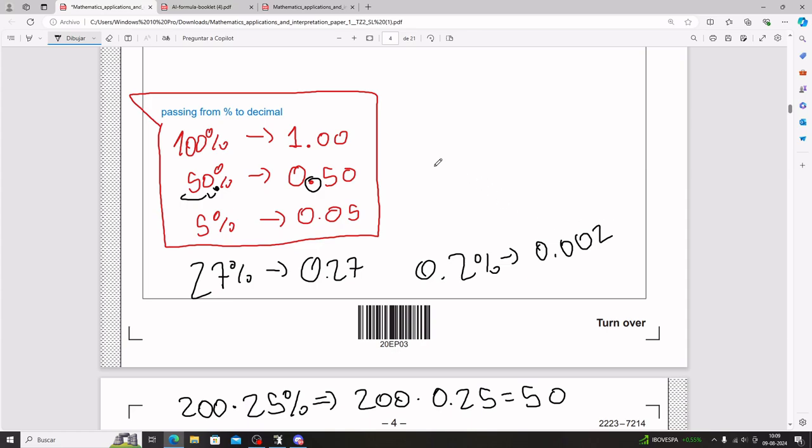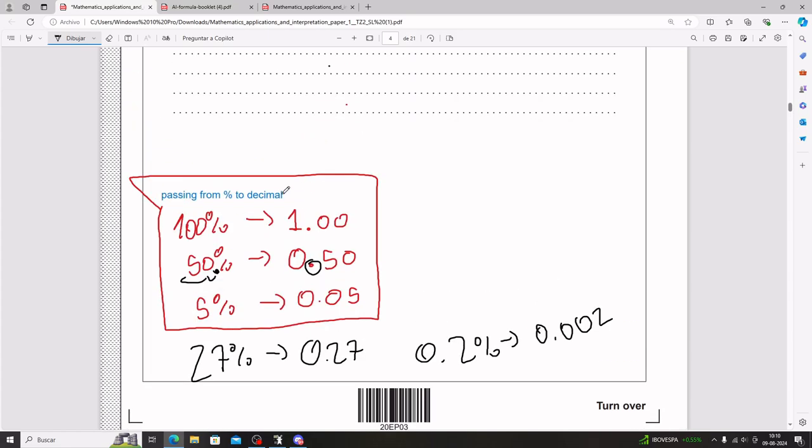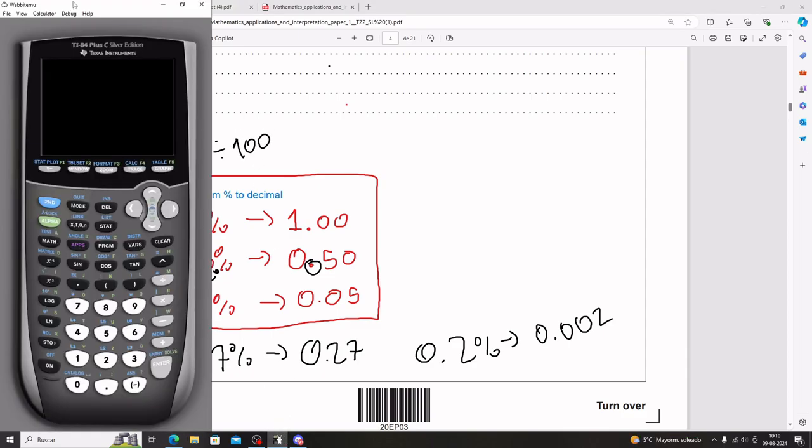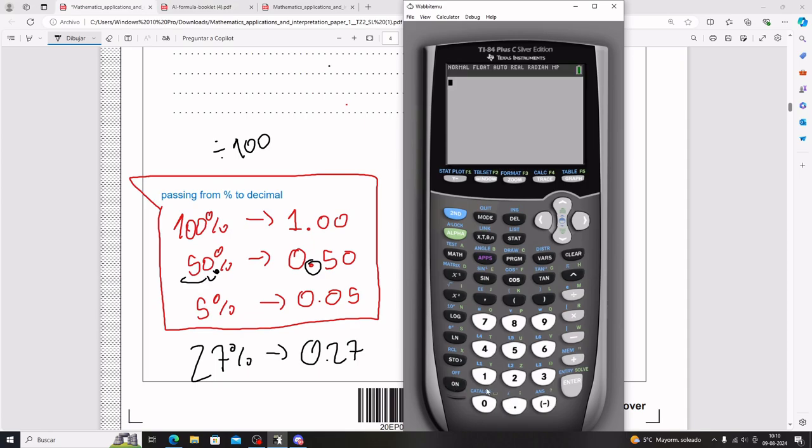See? So basically, memorizing this table can really help you to understand how to pass from a percent to a decimal. The other thing I can tell you is that technically you just divide by 100. If you take any of these values, for example, the 100, and you divide by 100, you end up with 1.